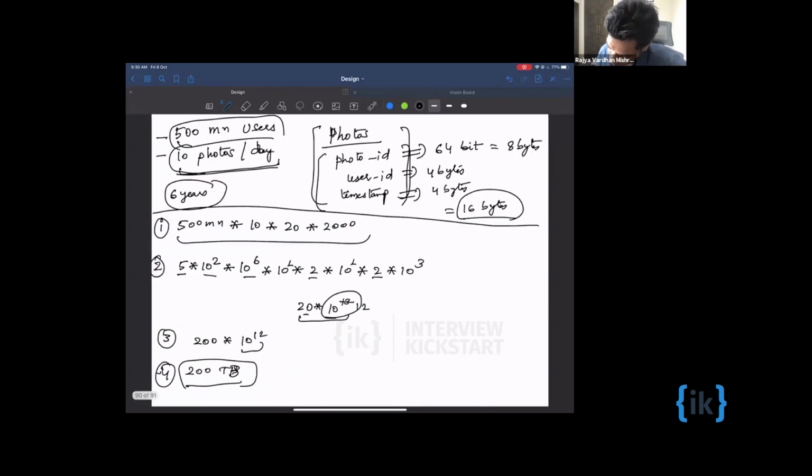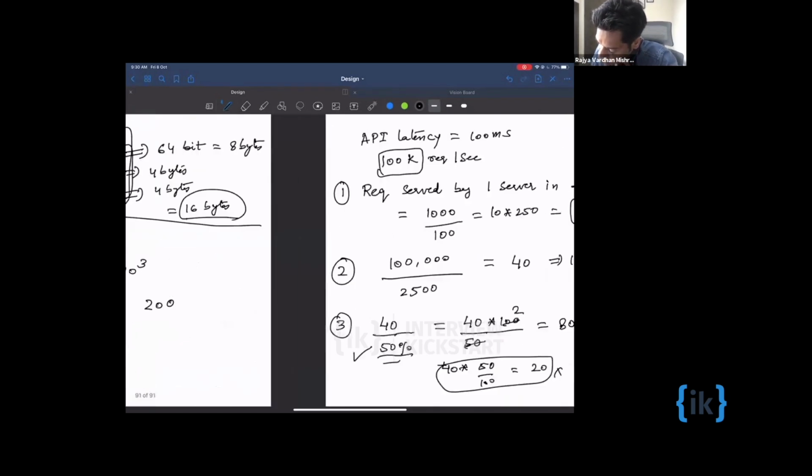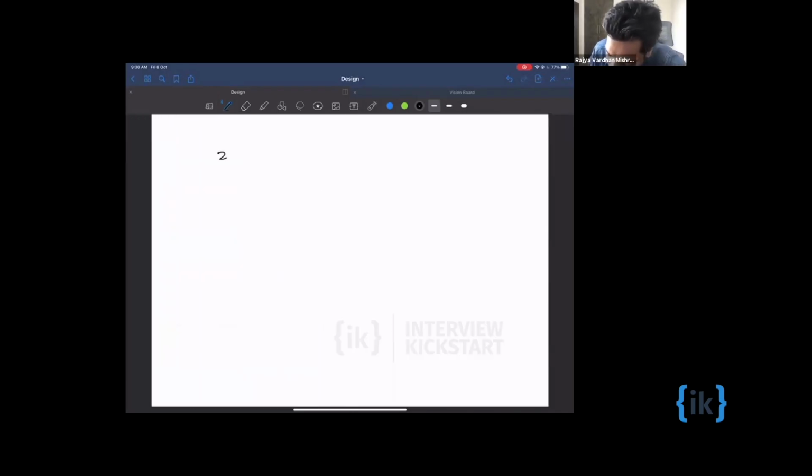Now, if I go back to the previous one where we calculated the size of disk requirements, we had identified that 200 terabytes are needed to store the metadata.